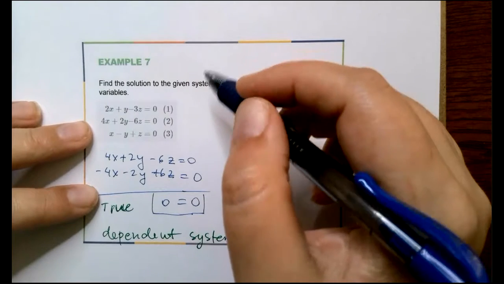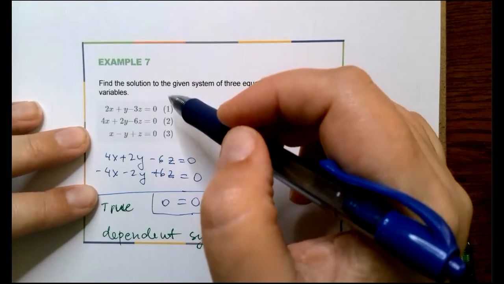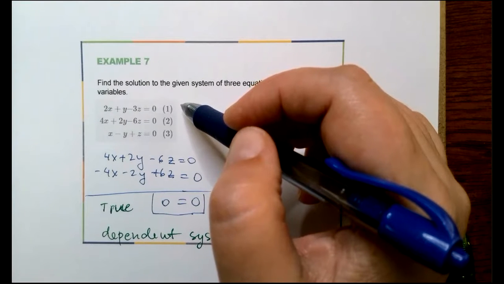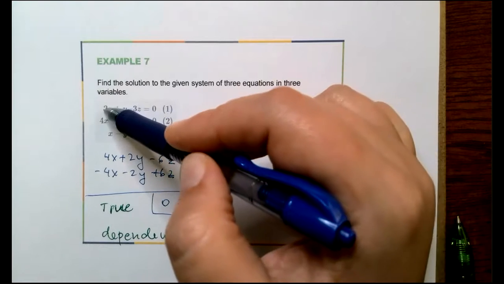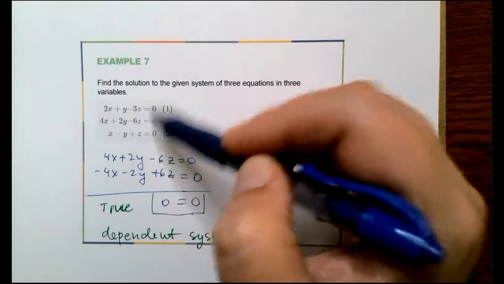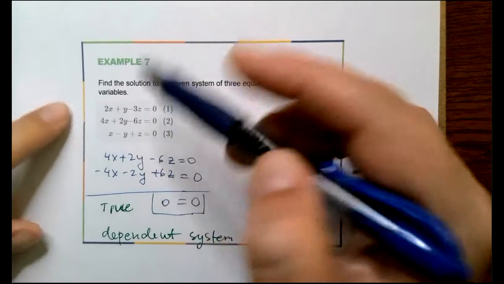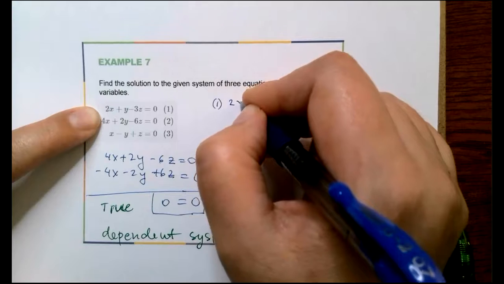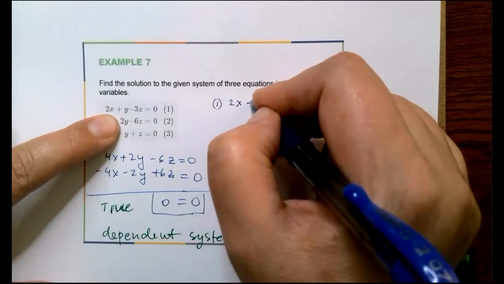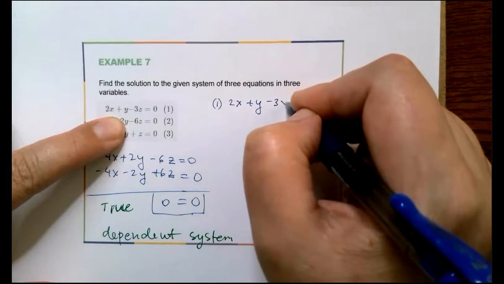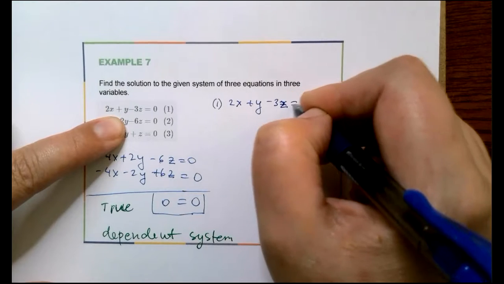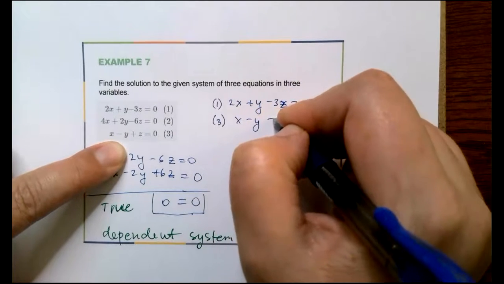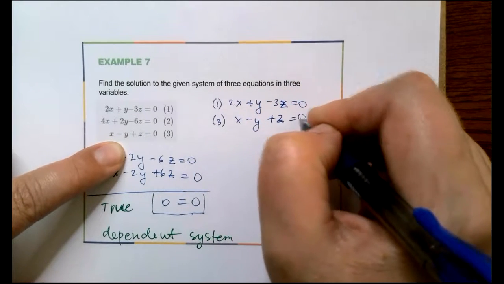So the first way of doing that is to look for how we can eliminate y first. I see that if I add the first equation and the third equation, the y's will cancel out. The first one is 2x plus y minus 3z equals 0, and the third is x minus y plus z equals 0.